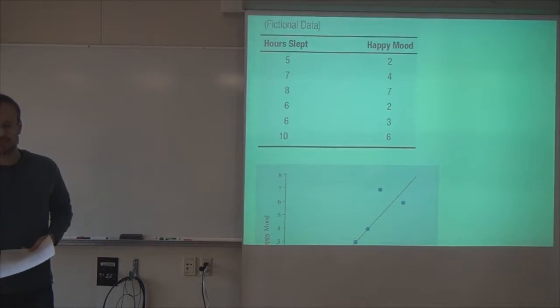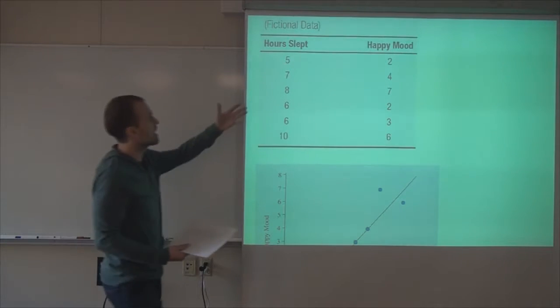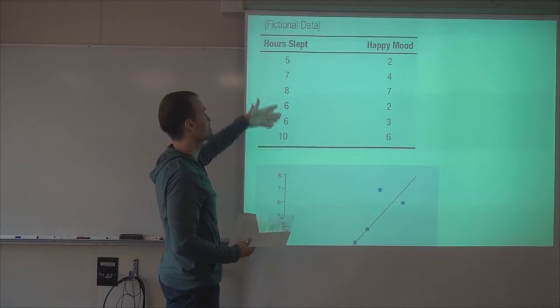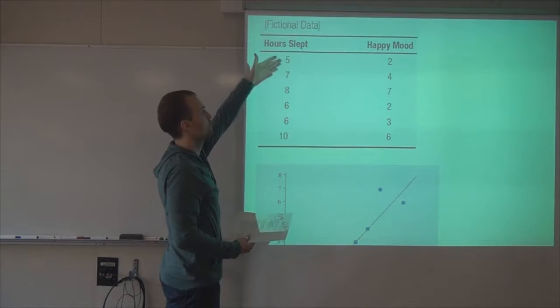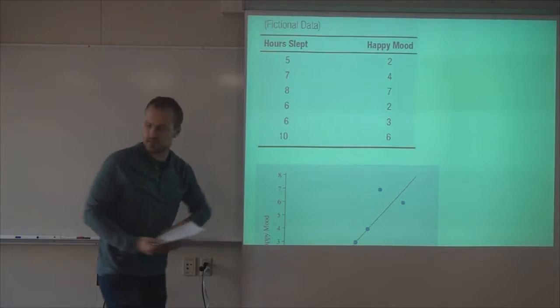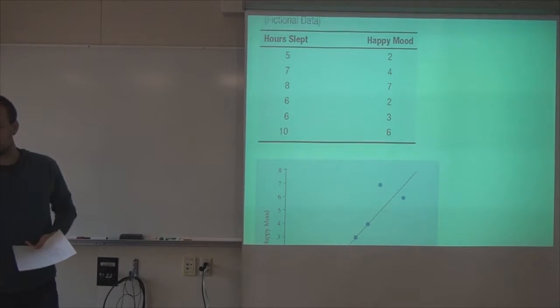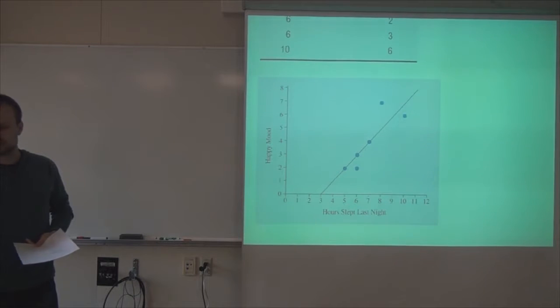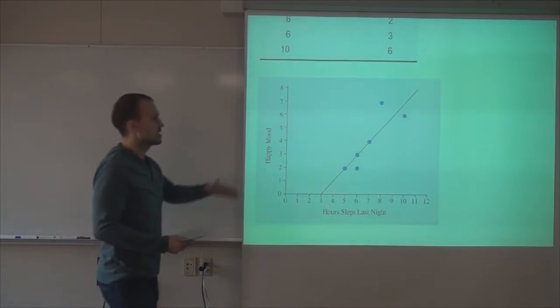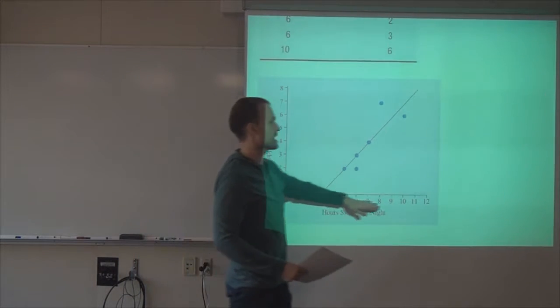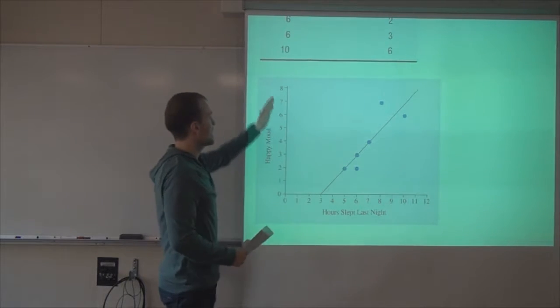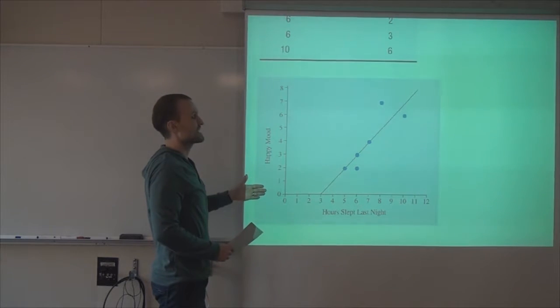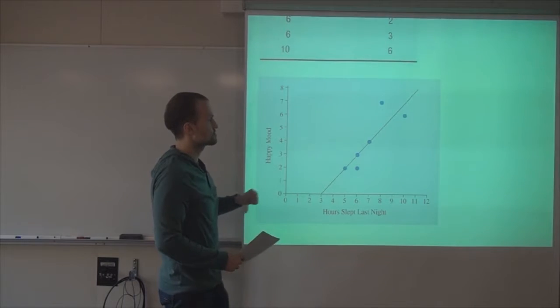Now, if we have a sample of 6 people here, 6 people with hours slept and mood associated, according to some rating, I could graph them by way of a scatter plot with, for example, the hours slept on the horizontal axis and the mood rating on the vertical axis.